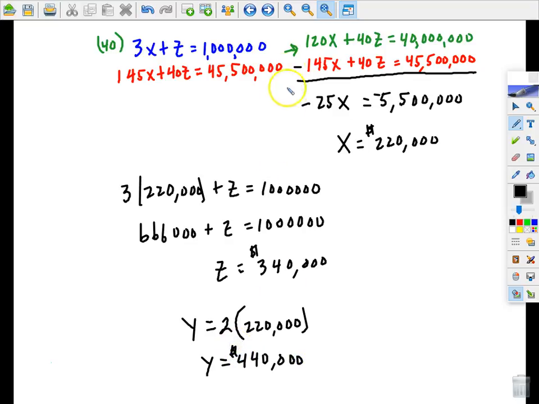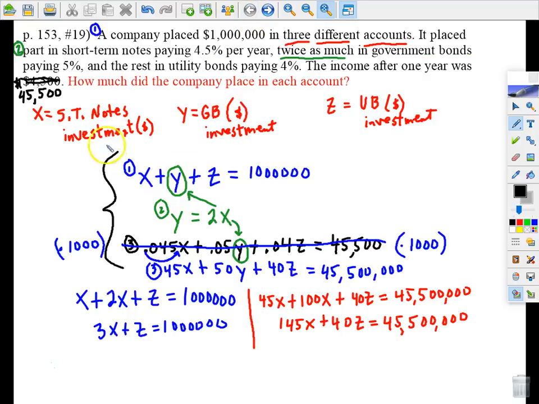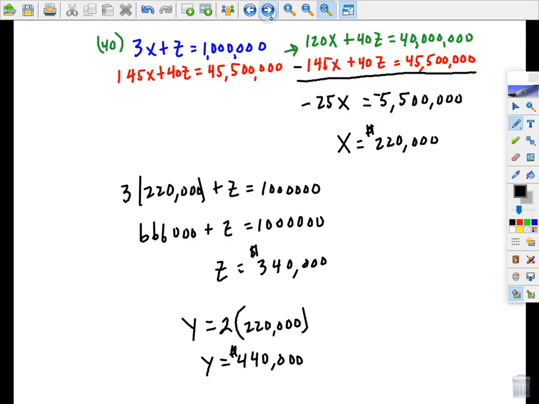Okay, and so that's my final answer. I'll just show it. We should maybe just write these numbers by the explanations of the variables, so we can let that be our context for this problem.